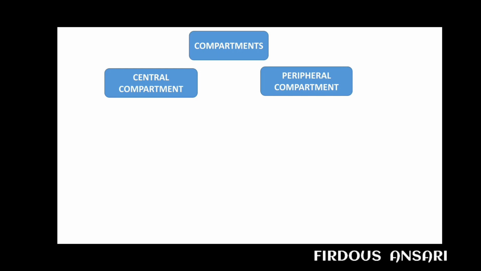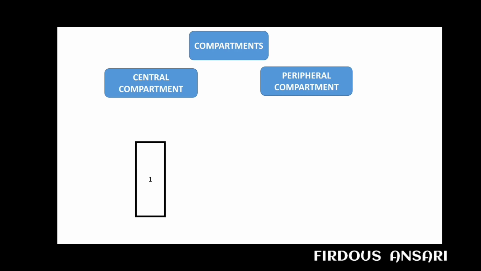First one is the central compartment and second one is the peripheral compartment. See, central compartment means blood moves continuously and therefore the drug also distributes faster and more. So this is the central compartment. Whereas peripheral compartment means here blood movement is less, so the blood drug partition is also less. Therefore we have separated the compartments into central and peripheral compartments.